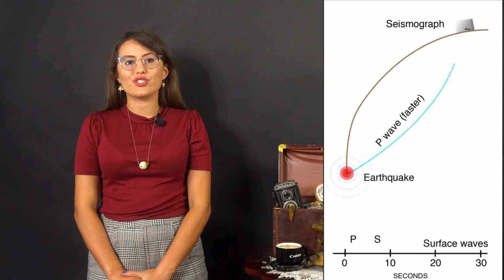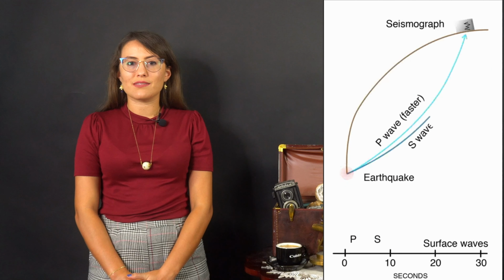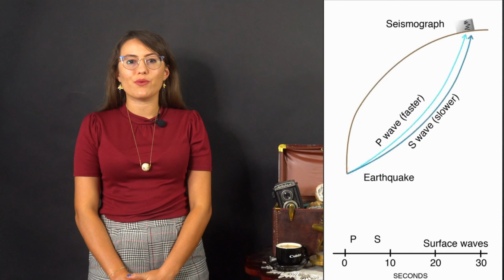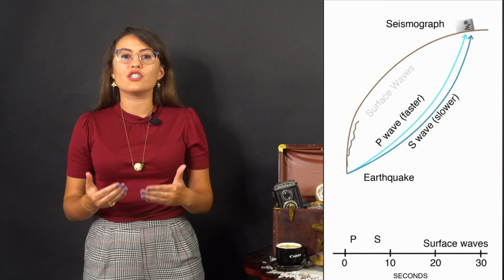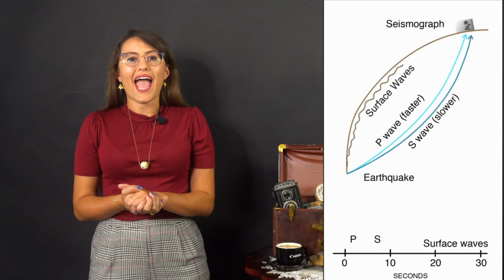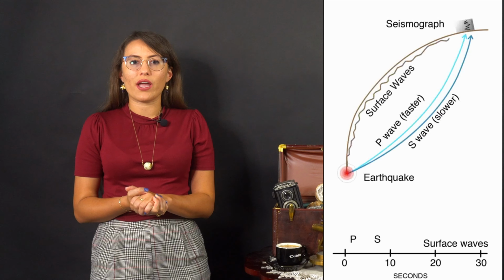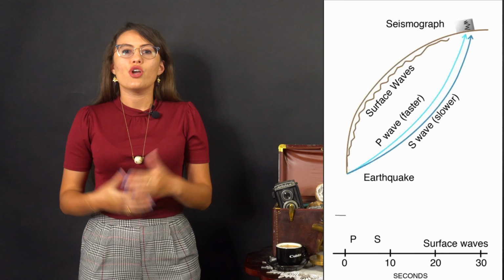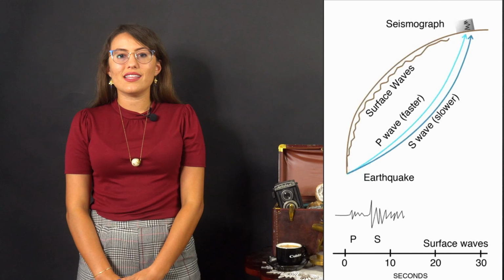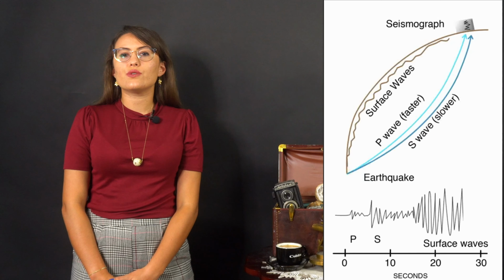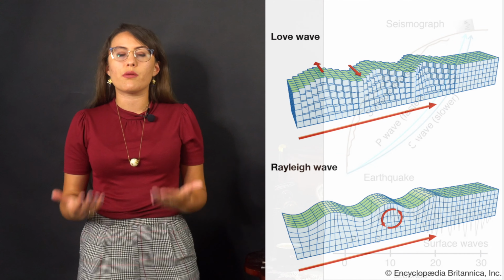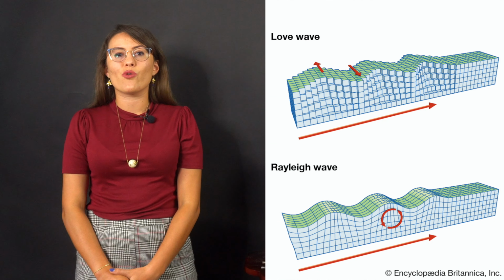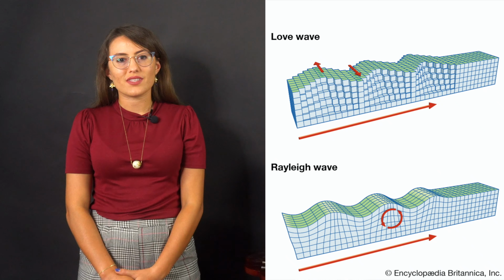The following figure shows the output of a seismometer, which is the instrument that responds to ground motion and is used to measure earthquakes. As we just mentioned, the P waves are the first waves detected and can be seen here in the seismic graph. Shortly thereafter, we can see the S waves arrive. There are also surface waves, which move slower than body waves and consist of Rayleigh and Love waves.